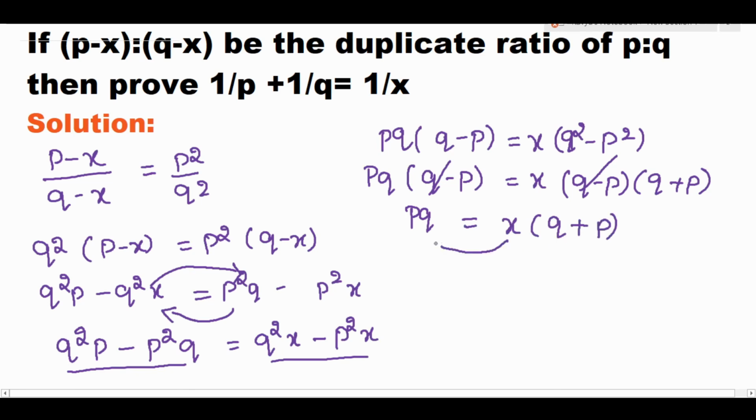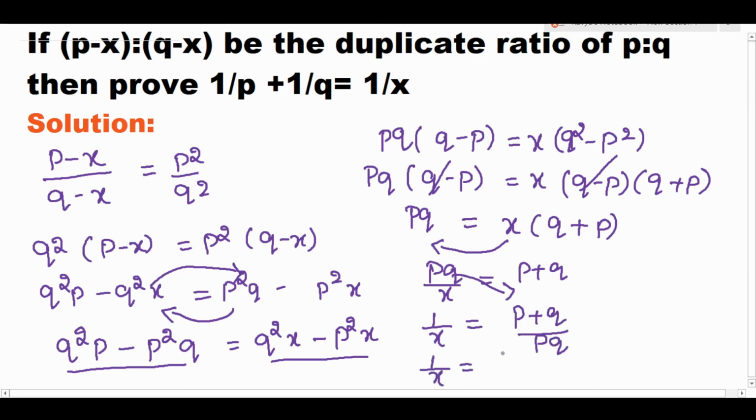And bring X towards this side. It becomes PQ by X, which is equal to P plus Q. Now I bring PQ towards this side. I get 1 over X is equal to P plus Q divided by PQ. Since PQ is the LCM here, I can write P by PQ plus Q by PQ.